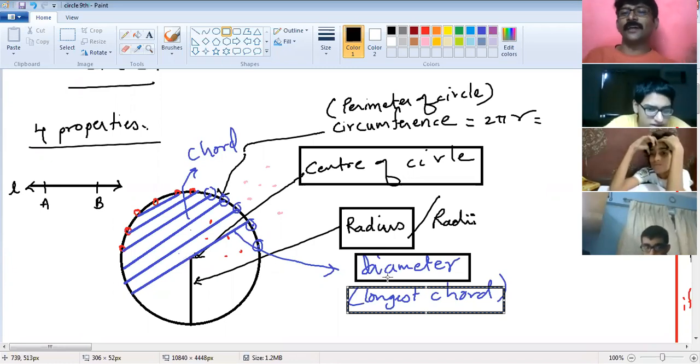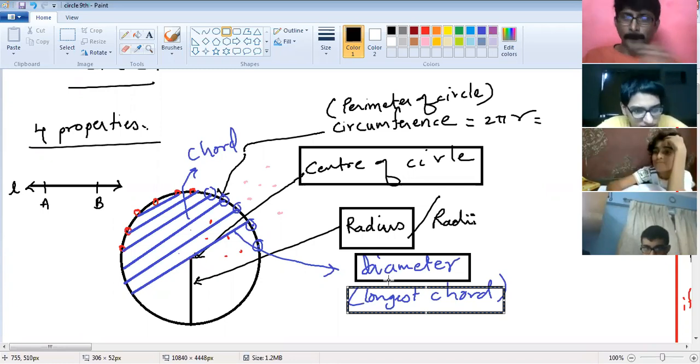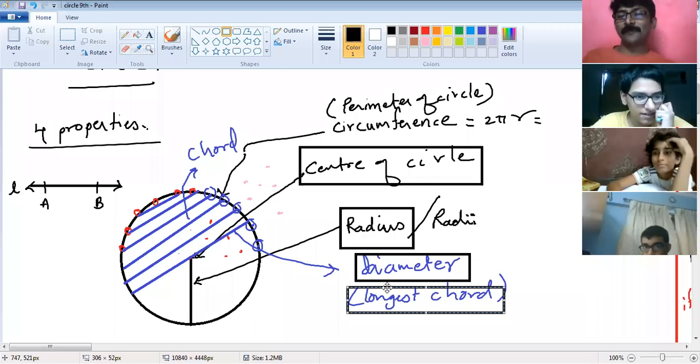Now, how many diameters can be drawn in a circle? One. Kavish, think once again. How many diameters can be drawn? Two. Infinite.